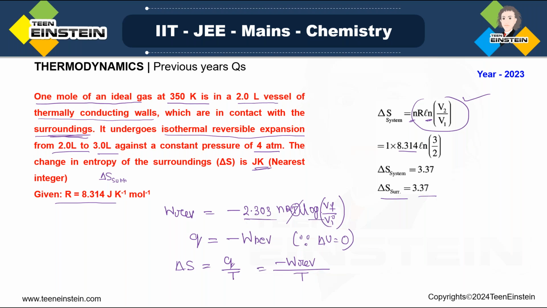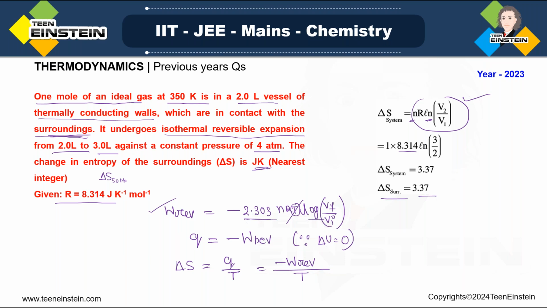So even if you cannot remember directly the formula for del S, if you know the formula for W reversible for isothermal reversible expansion, then using this you will know the formula for Q, and if you know Q, then del S is related to Q by this, and ultimately in place of Q there will be minus W reversible.